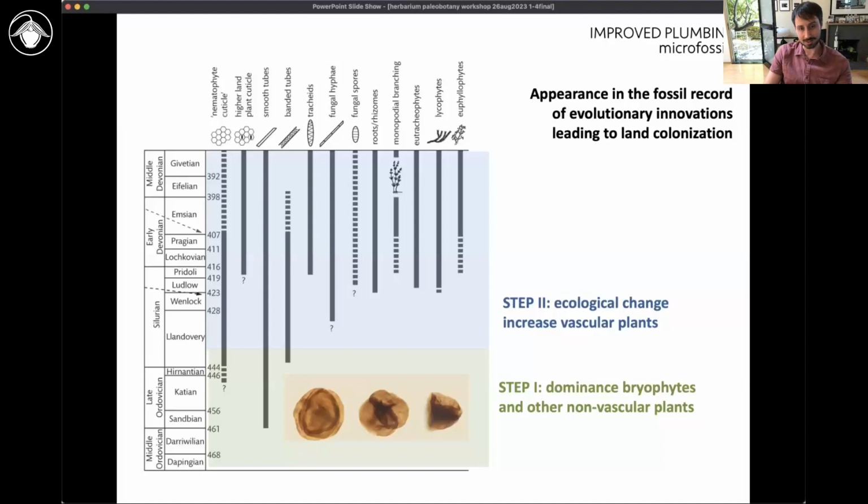Then you have a second stage, and that is the ecological change and the increase in vascular plants. And these are the plants with that sort of plumbing we've been talking about. Above, we see different evidence for different sorts of fossils in the geologic record, ranging from traits to actual presence of certain types of plants or groups of plants that we're about to talk about.